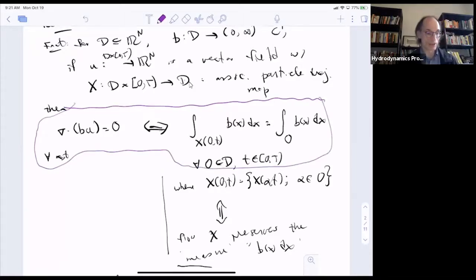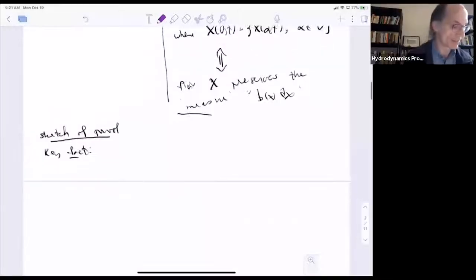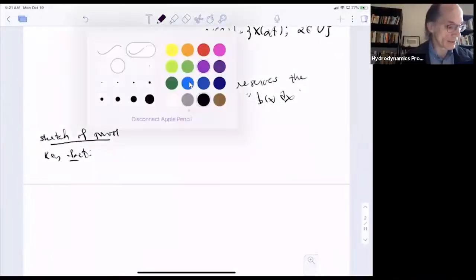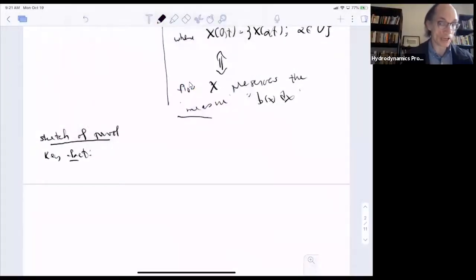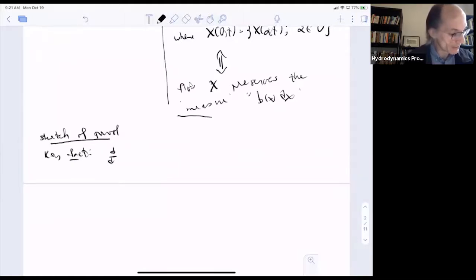I'll need to change variables using this particle trajectory map, and when I do that, I'll get a Jacobian determinant. So the key fact is that I need to know how the Jacobian determinant changes along streamlines. This is a calculation that you may have seen or you may have done.